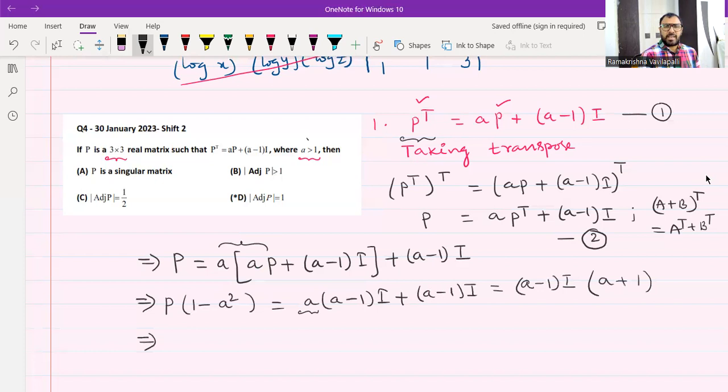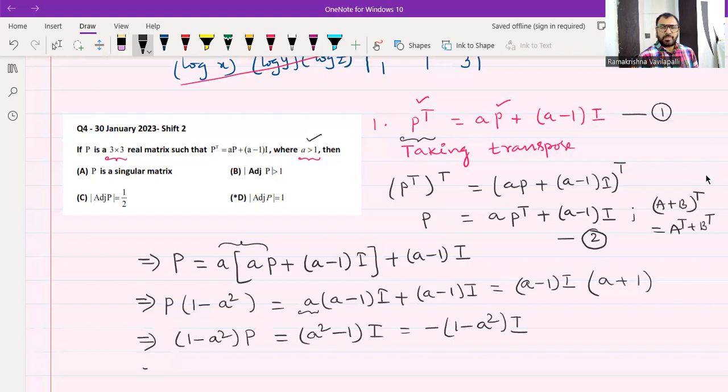Then here one A is left and plus 1. See here, A is greater than 1, so A minus 1 is not equal to 0. So this becomes P into 1 minus A square into P equal to, right side is A square minus 1 into I. This I can take as minus of 1 minus A square into I. Now the question becomes simple.